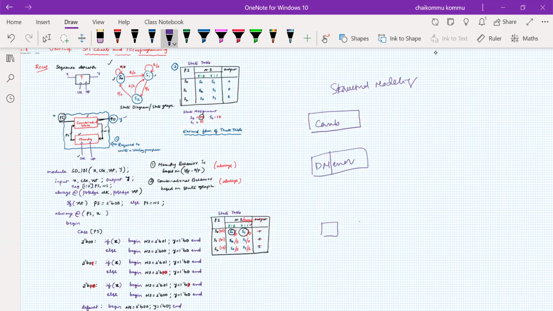So we have to consider 2 D flip-flops. The outputs of these flip-flops are Q1 plus and Q0 plus, and this is called Q1.